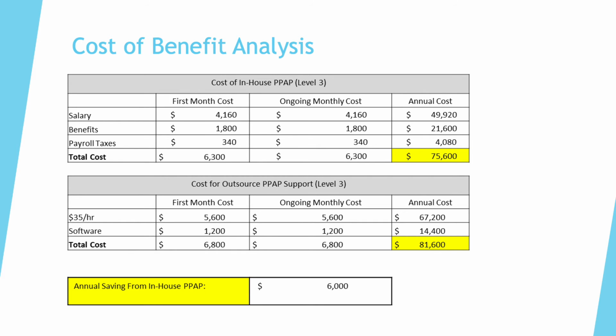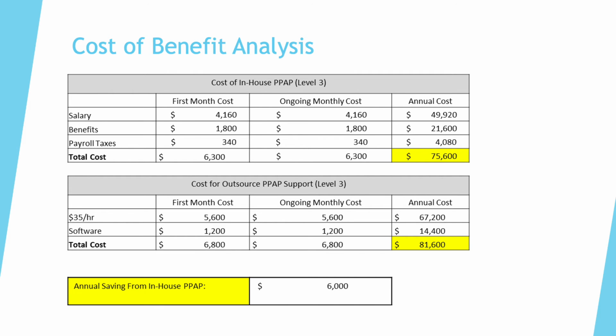For cost in-house using our salaried quality department employees, the first month cost would equal $4,160 with a fixed ongoing monthly cost of $4,160, totaling an annual cost of $49,920. Salaried employees are also paid benefits, and there are payroll taxes.